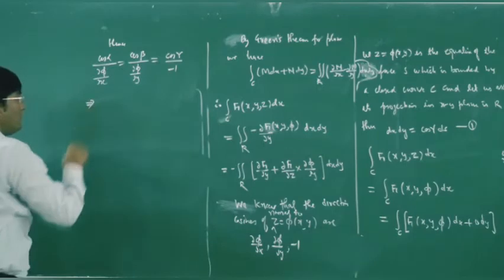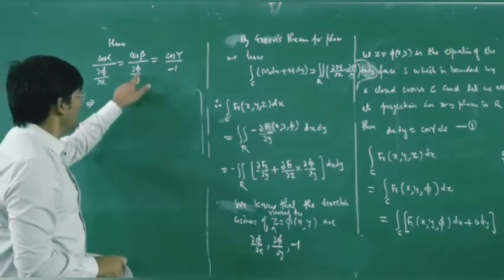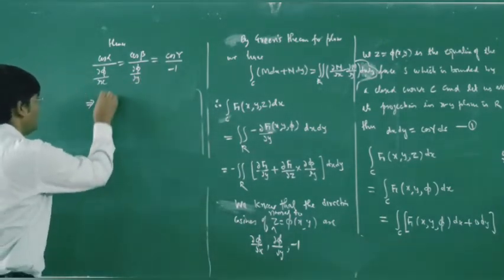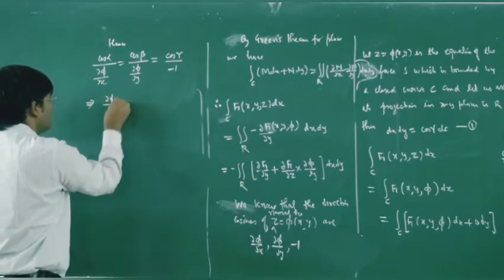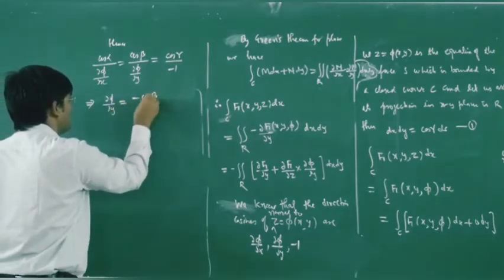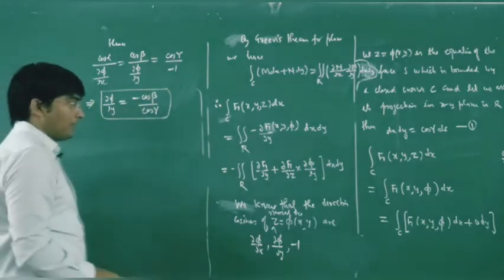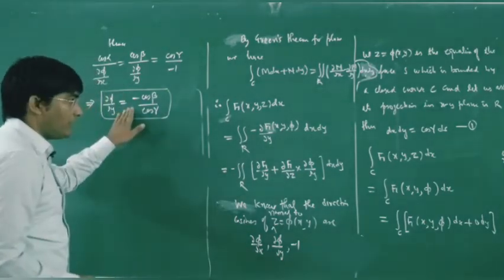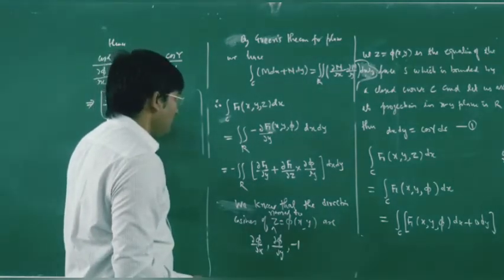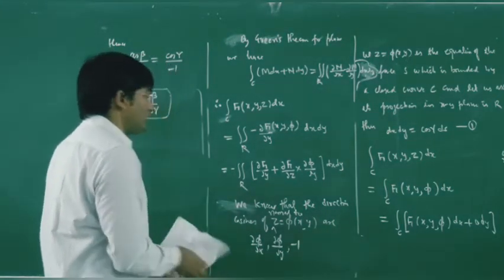So from here you can see that your del phi upon del y is equal to minus cos beta upon cos gamma. So this is your del phi upon del y. Now we have the value of del phi upon del y, and now let us put this value in equation number 2.